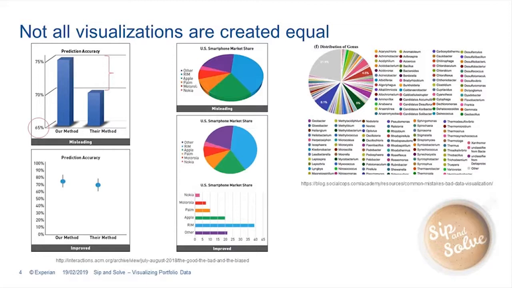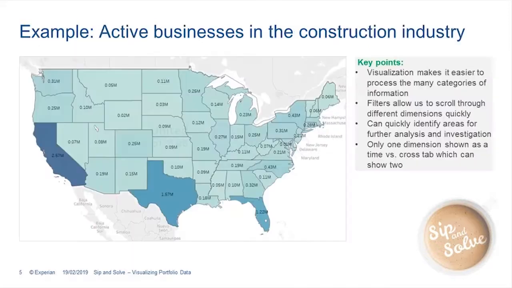And finally, the last chart, I'm not even sure I really need to say anything about this, but it just has so much information that it cannot actually convey anything useful. You can't learn anything about the data that they're trying to share. Now let's move on to see how we can do better, and then we'll go over the process for getting there.